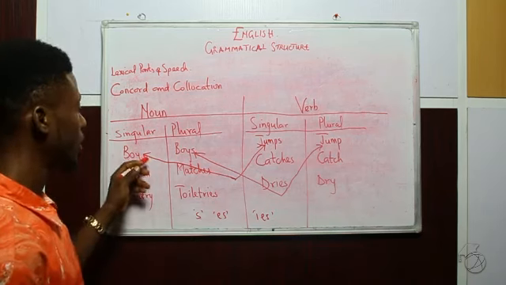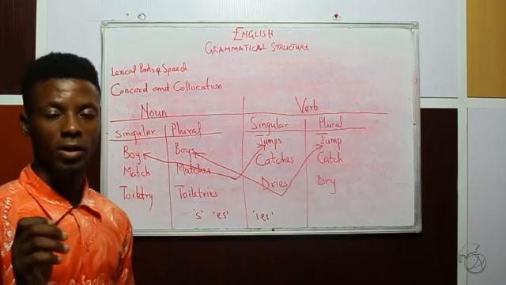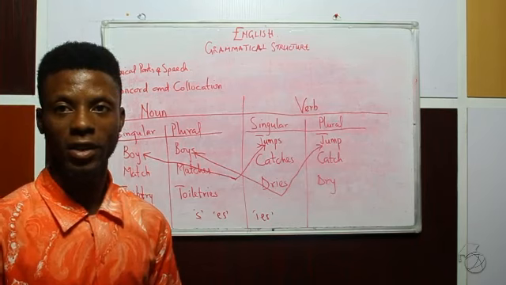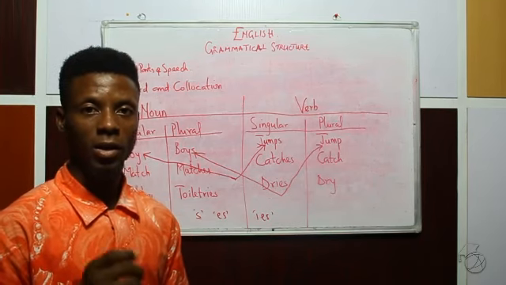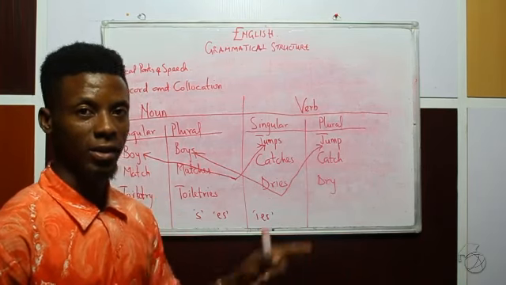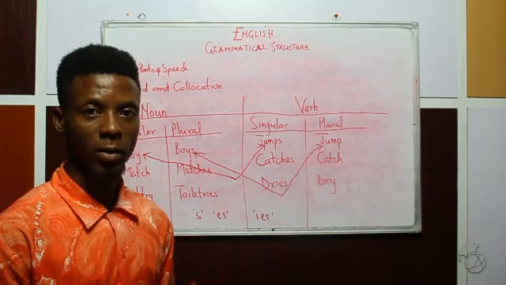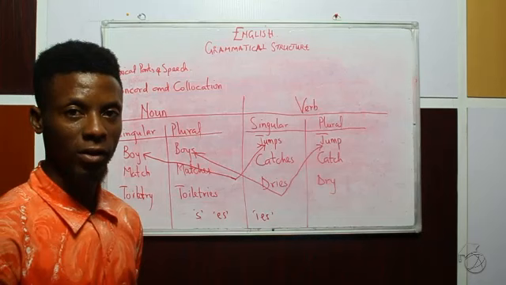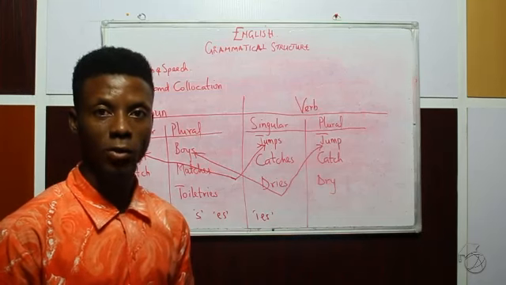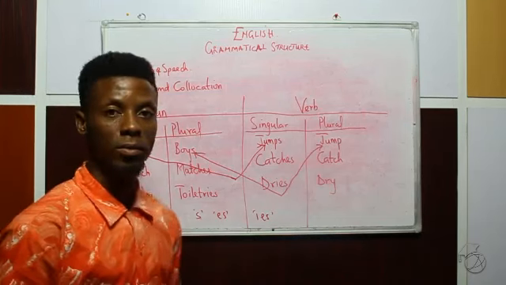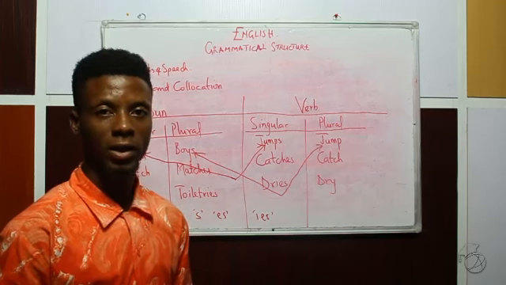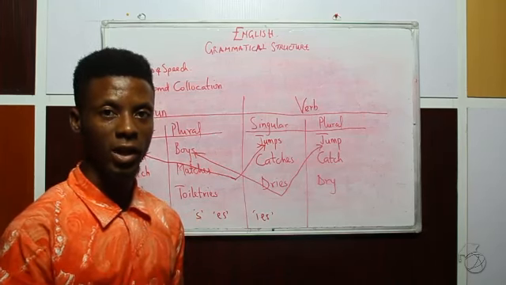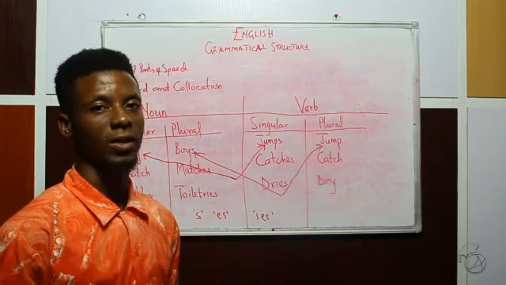When the noun has the suffix s, es, or ies, that is the plural marker, behind it, definitely the verb does not carry a plural marker. And where the noun doesn't carry a plural marker, where it is singular, the verb that comes after it definitely carries the inflection, that is the es, the s, or the ies.